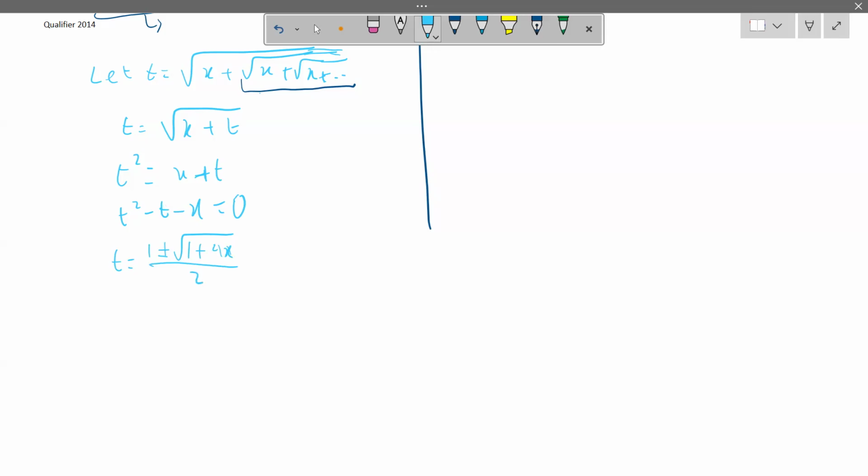So there are two possible answers here. We have to pick one of them, and it is clear that we can only pick the plus sign. Why? We assumed that t is equal to this expression. Notice that t is a result of taking a square root, meaning that it must be greater than 0.